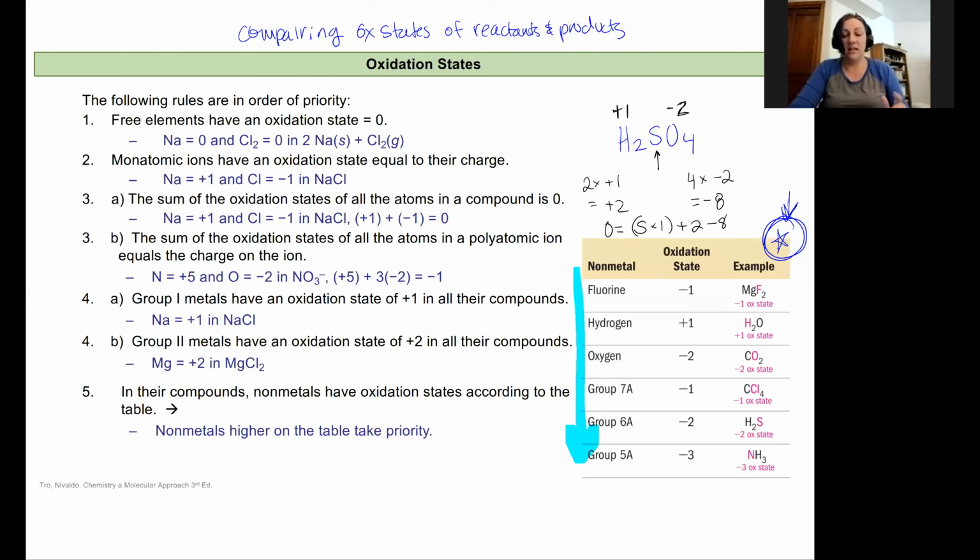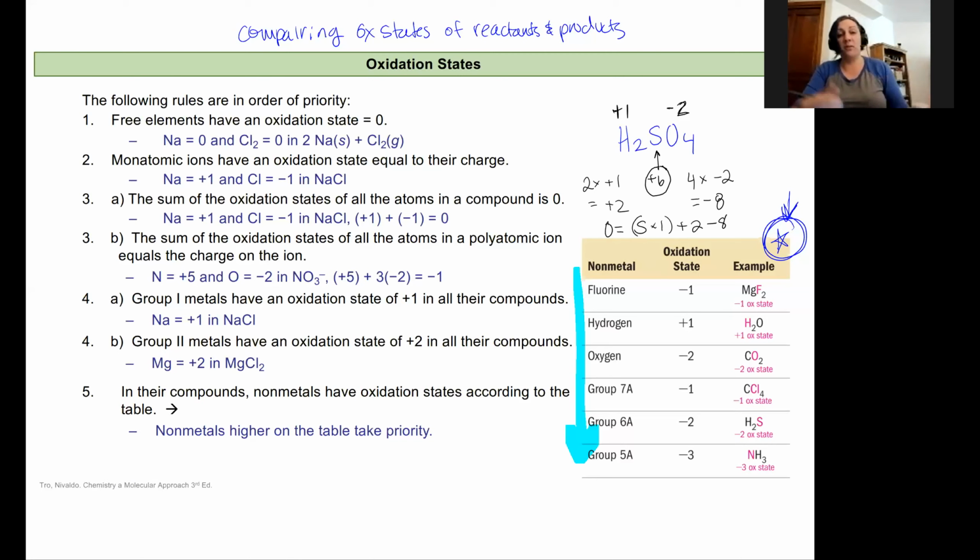That's going to give us a sulfur oxidation state of +6. So my 6 + 2 would be +8. That would balance out the -8 from the oxygen. So in this way, we can determine oxidation states.